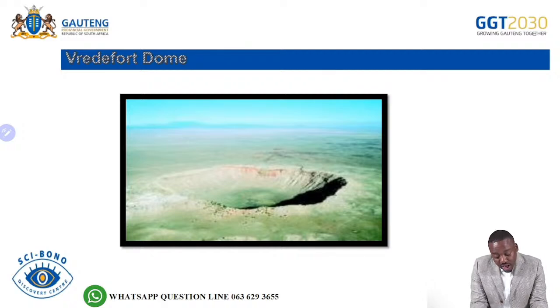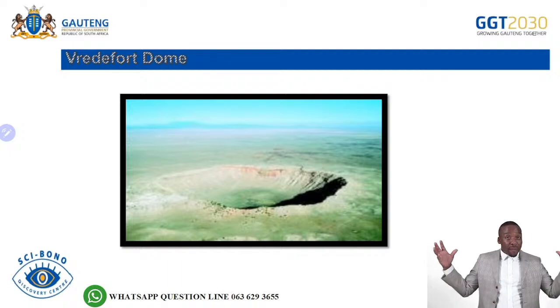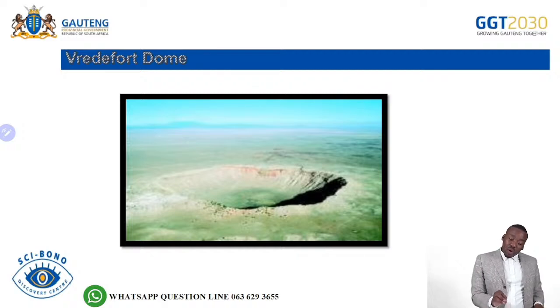Apparently, we are told that back then a very huge rock fell from the sky and hit this particular area between Free State and Gauteng province. And obviously when a big rock falls, it left the evidence of domes.